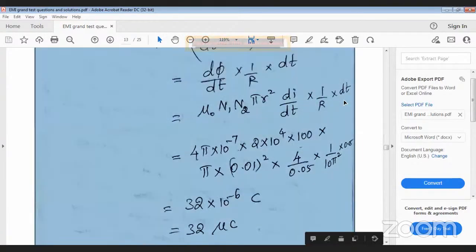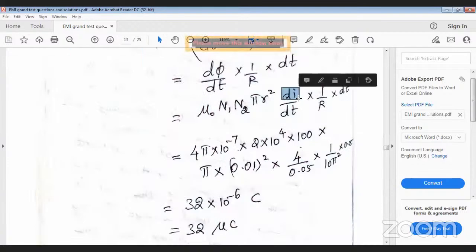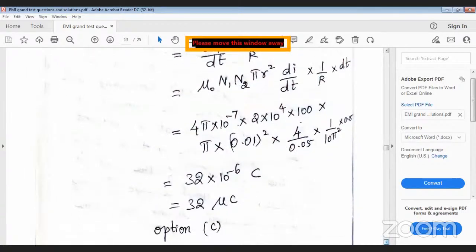So dt and dt will be cancelled. You have di and r, and n1 and n2 you have the values. Okay, the number of turns in the solenoid and the coil. Of course, all the values you can substitute. You can find out the answer as 32 into 10 power minus 6 coulomb. That is 32 into 10 power minus 6 is nothing but 32 microcoulomb.